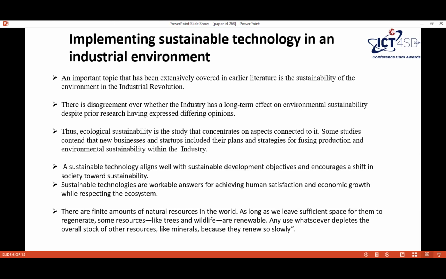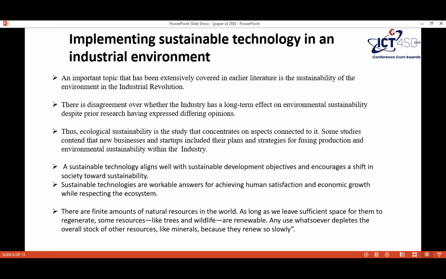Sustainable technology aligns with sustainable development objectives and encourages a shift in society towards sustainability. He also discussed the technologies that work in achieving human satisfaction and economic growth while respecting the ecosystem without harming it.